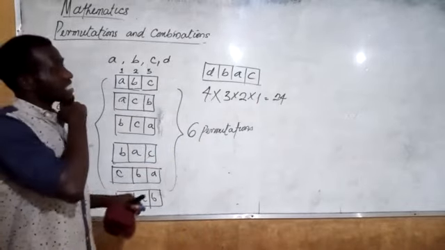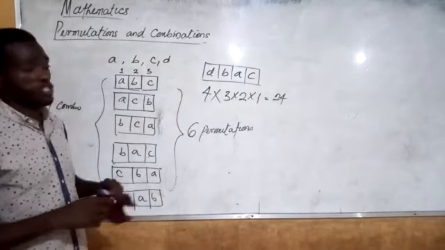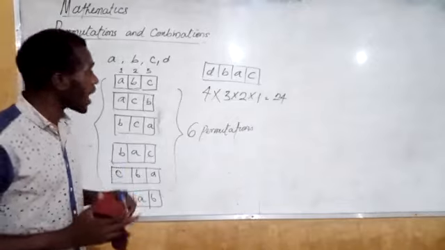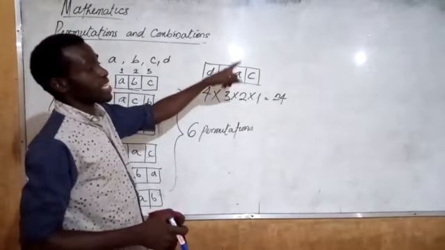But if you are asked how many combinations there are, it is still one combination. Why? Because it is the same items I am combining.